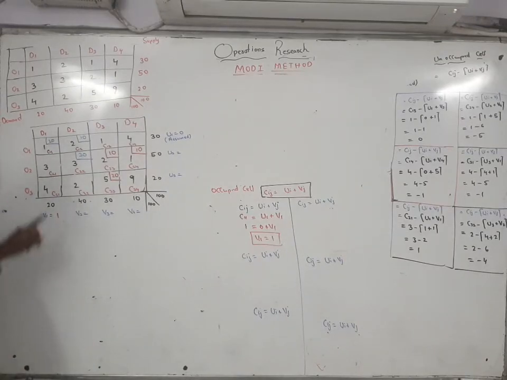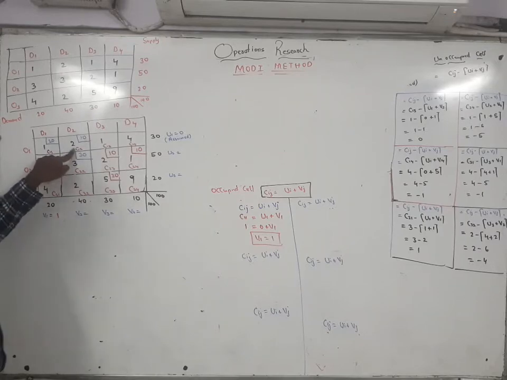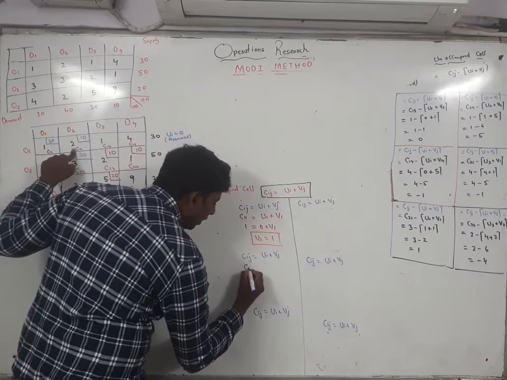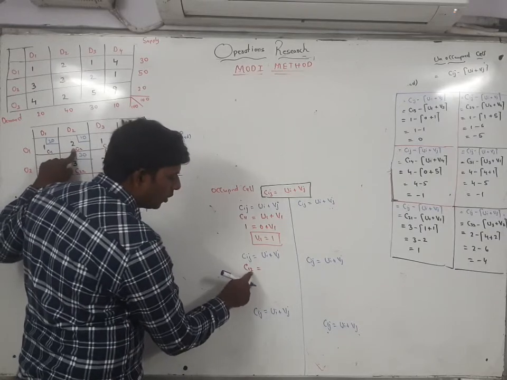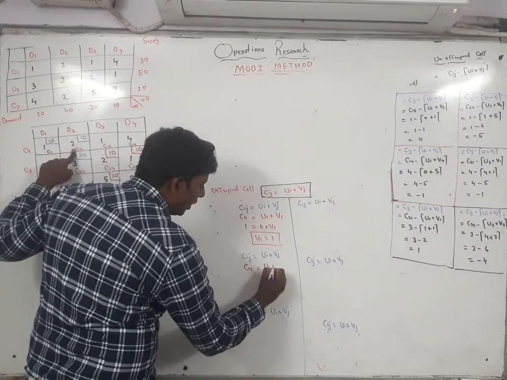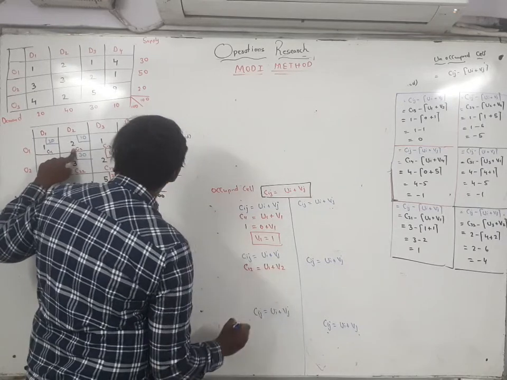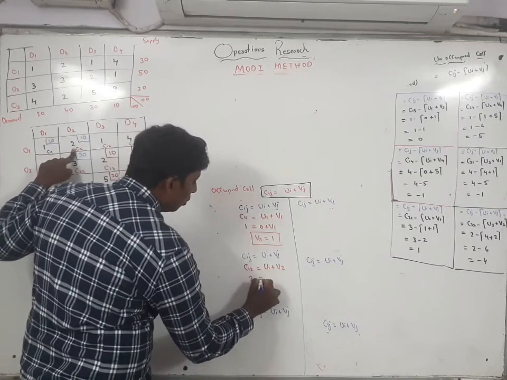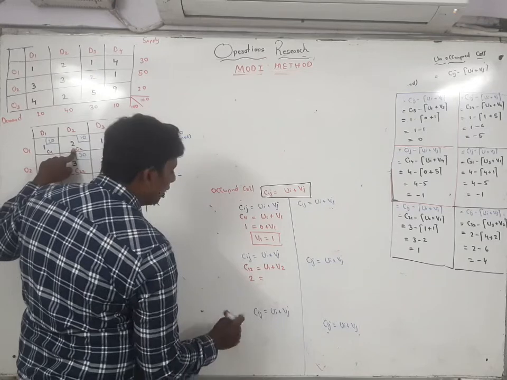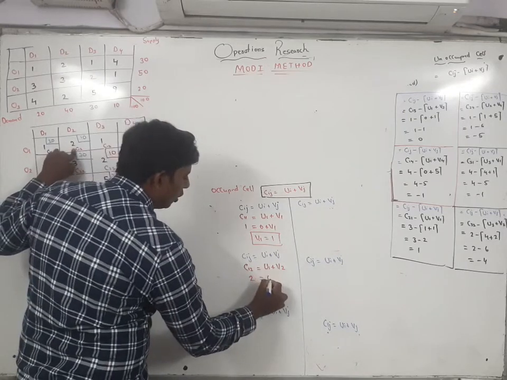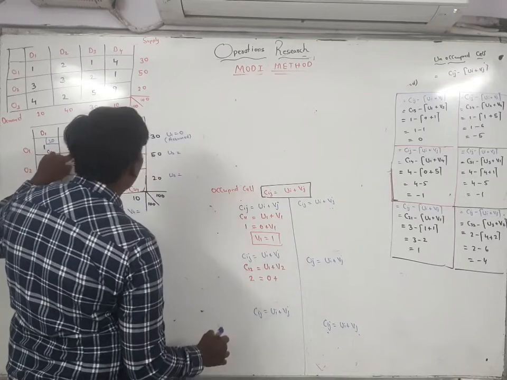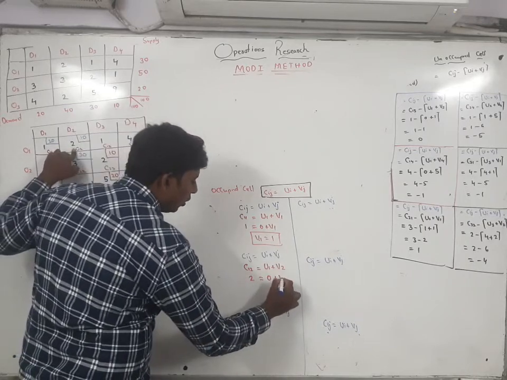Next cell is C12. So I will write here C12. First value for U, second value for V. So U1 plus V2. Here how much value is there? 2. U1 value is 0, plus V2 value which you don't know, that one only you will get.